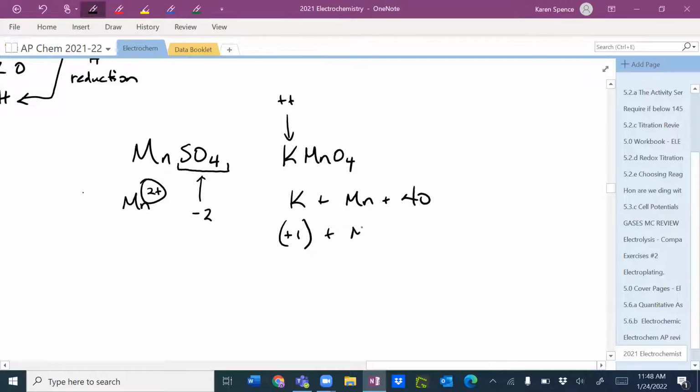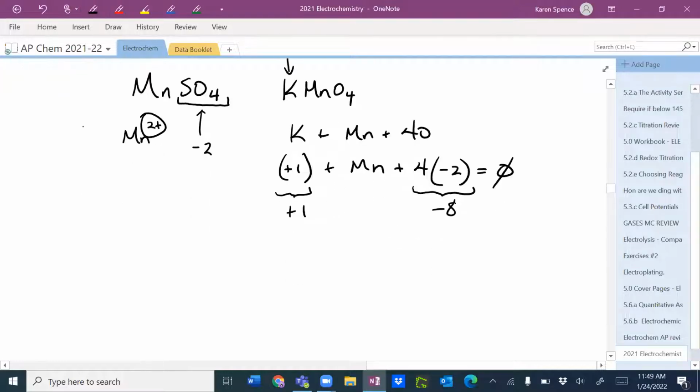Manganese is the one we're looking for. And oxygen is always -2, and that's 0 overall. So we have -8 and +1 gives us -7. Mn - 7 equals 0. So Mn is now +7.